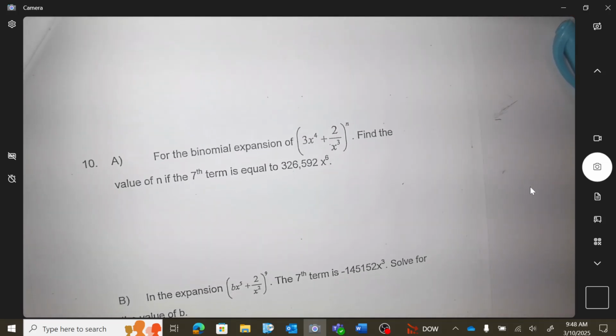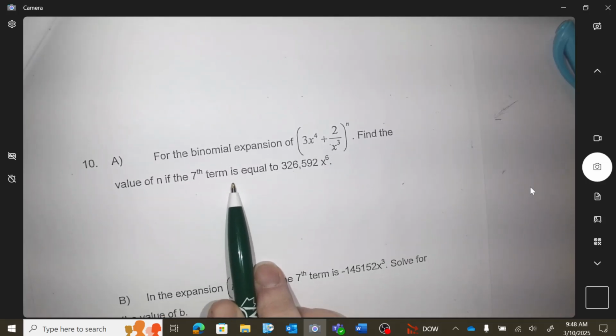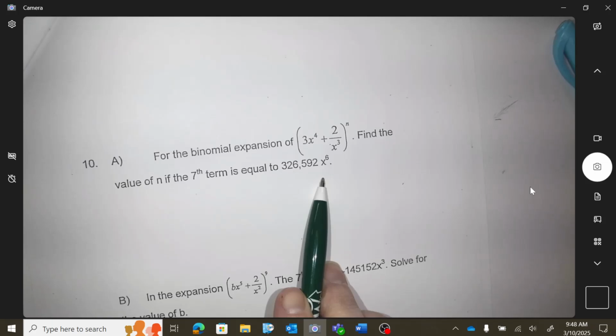Okay, so then this one was just a kind of backwards binomial question type. Find the value of n if the 7th term is that.